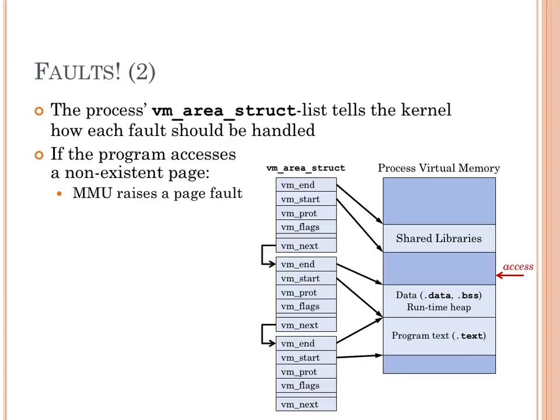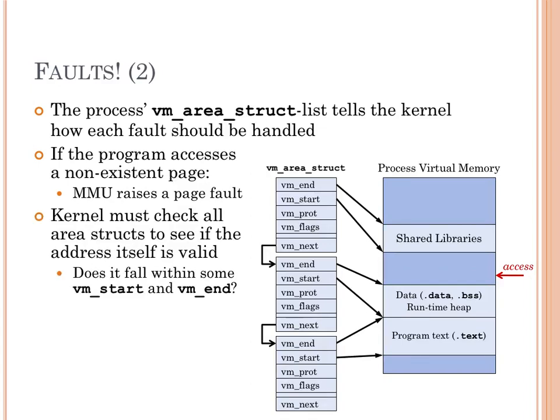Okay? So let's say that the program accesses a non-existent address. I should really have it at the bottom because we all do it all the time. I dereference null for some dumb reason, and now my program's sad. Okay, so how does that manifest? You get a page fault. And the kernel looks at the VM area structs for the program, and it says, does this address fall in the range of any of these addresses?